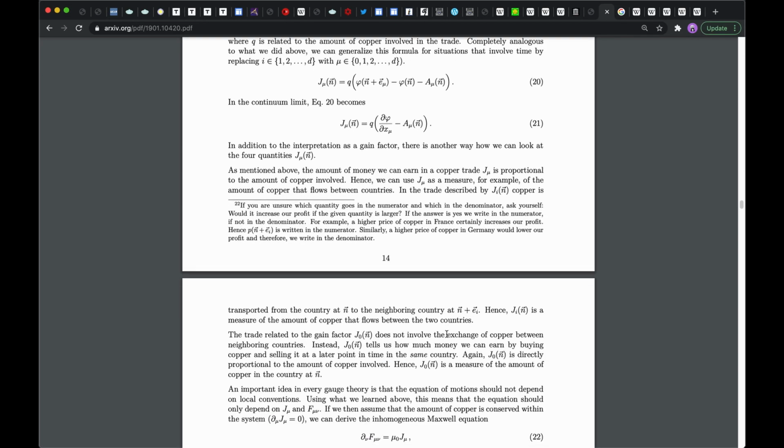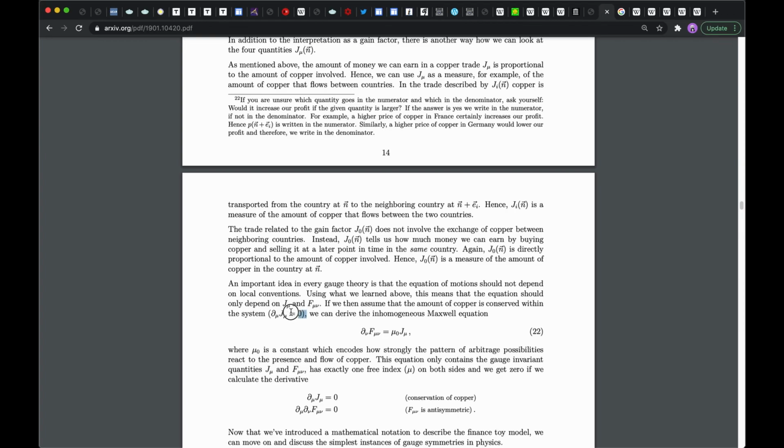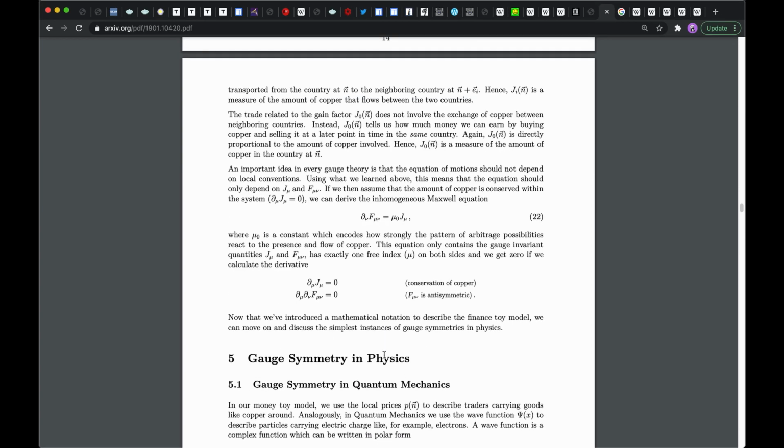And afterwards, by considering that the copper is conserved in our system, the same as the charge, right? Or charge current conservation, you will be able to derive something similar and familiar to the Maxwell equations. So it's kind of enlightening that electromagnetic theory has such a representation in economics. Yeah.